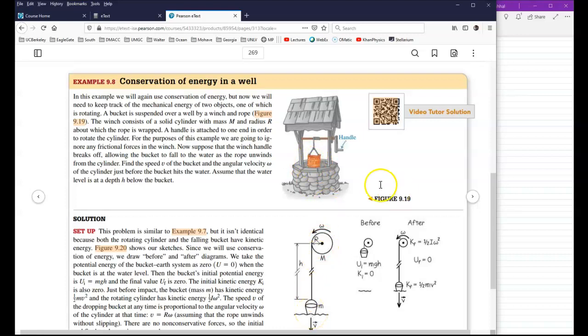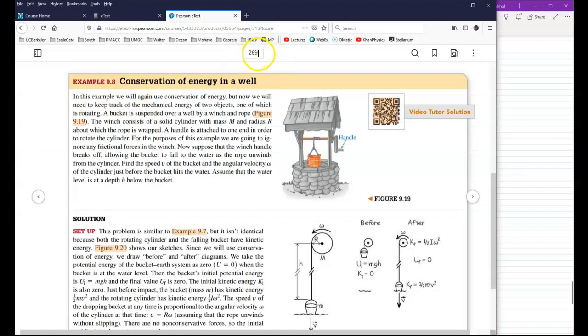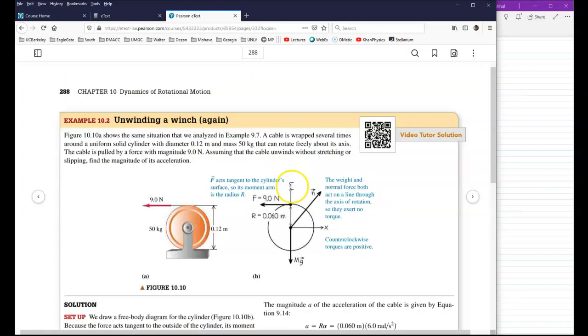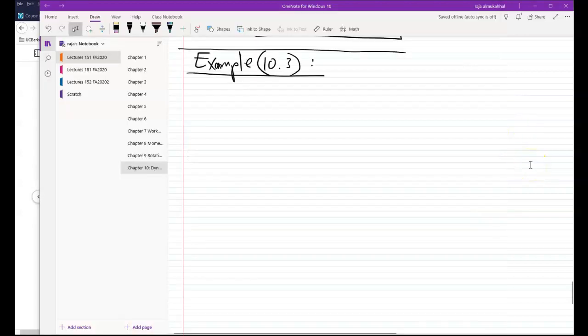Got it? Go back to page 288. There's no picture in here, but anyway, here is a picture.